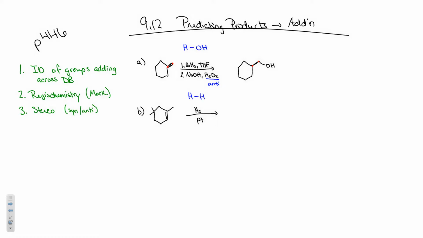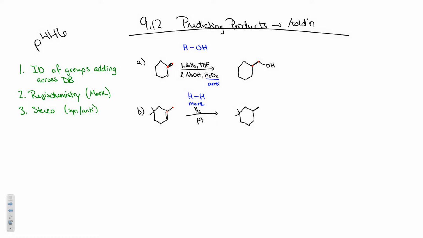Okay, 2 hydrogens going across. Is this Markovnikov or anti? Okay, it's Markovnikov addition. And this is my hydrogenation. So what I'm doing is I'm adding 2 hydrogens across my double bond and taking my alkene back to an alkane, right?